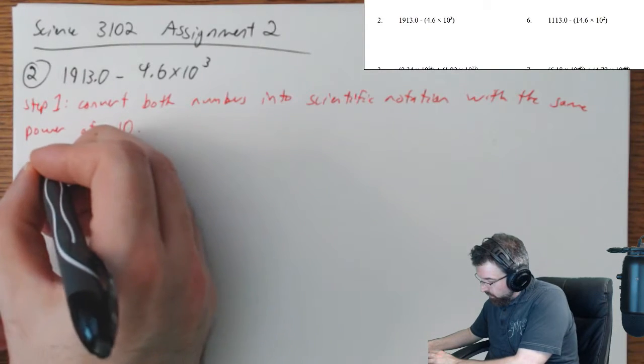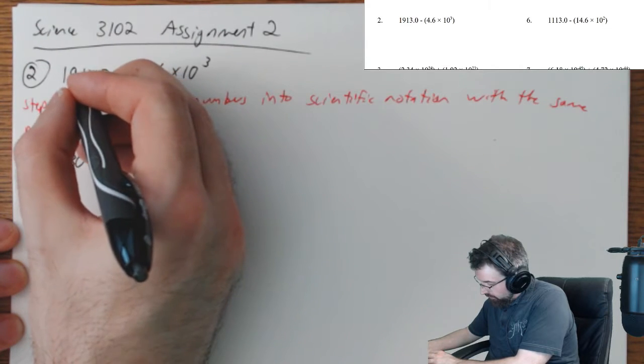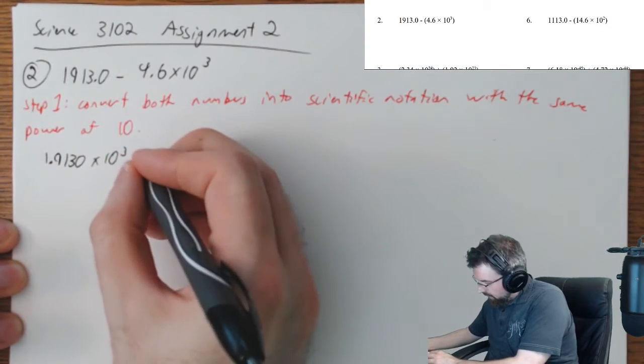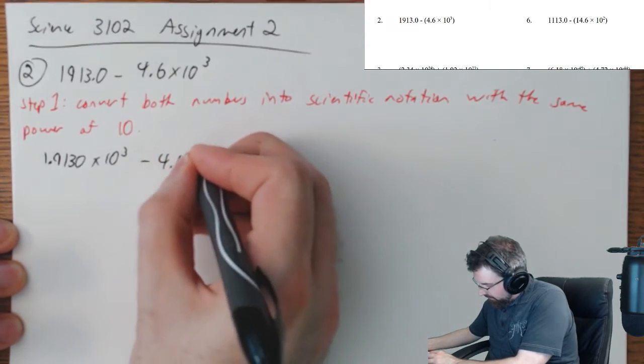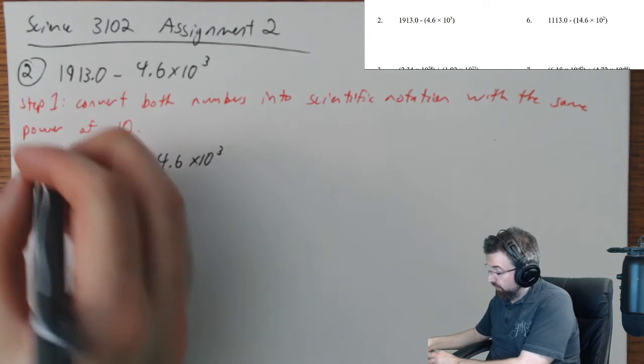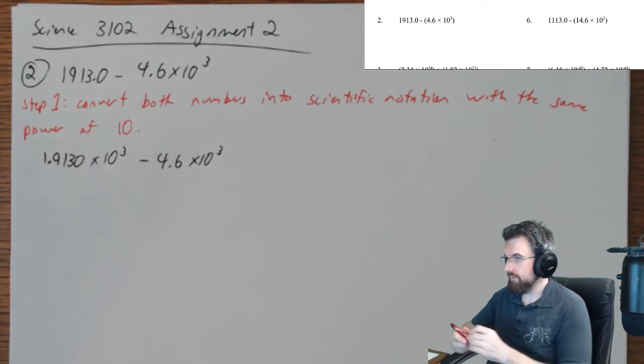So we would call this 1.9130 times 10 to the 3 minus now 4.6 times 10 to the 3. So now both of these are in proper scientific notation. So now we can actually go ahead and subtract.